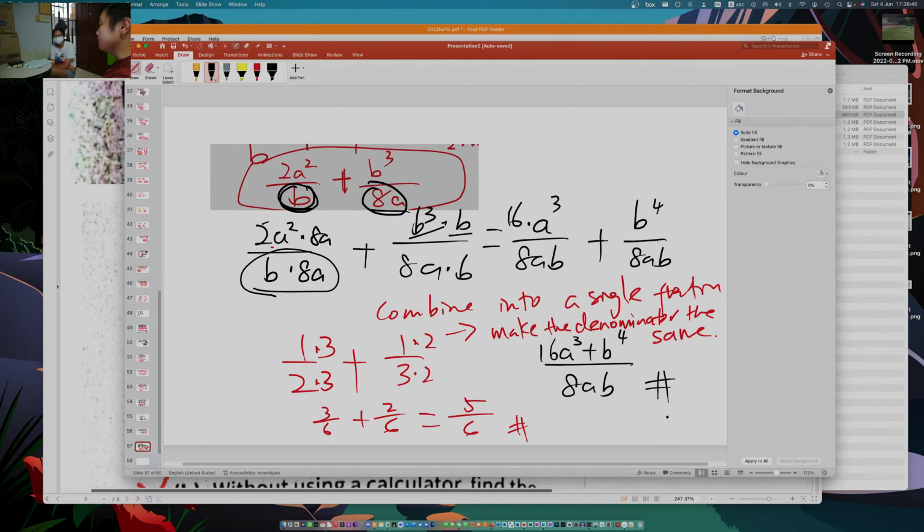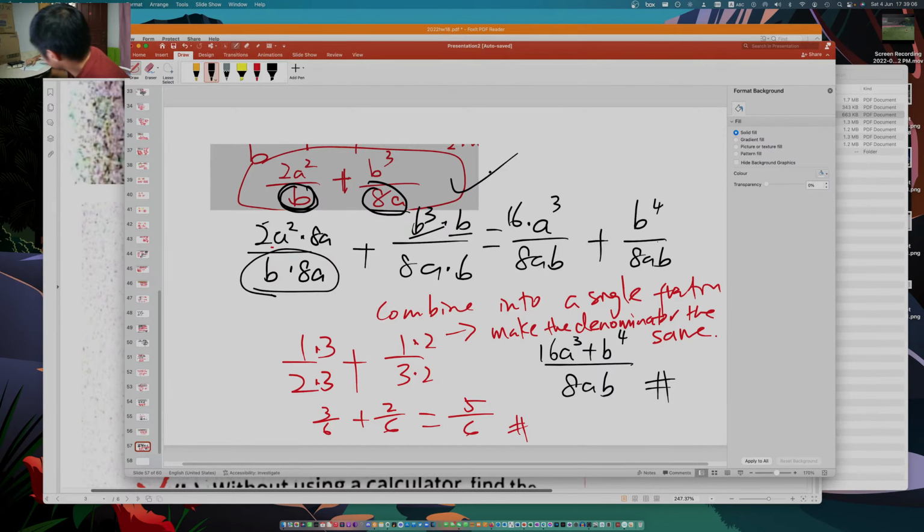So for the question that says combine into single fraction, the method is make the denominator the same. You just have to remember this statement. This is a brief introduction to how to solve this kind of question. And also this one.